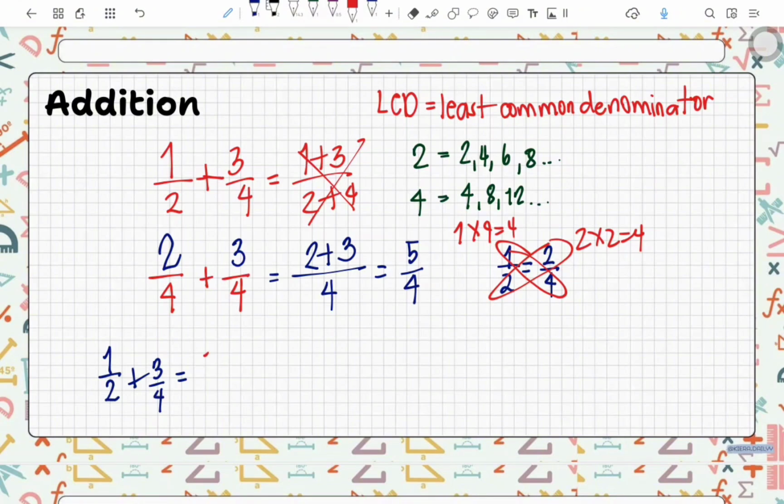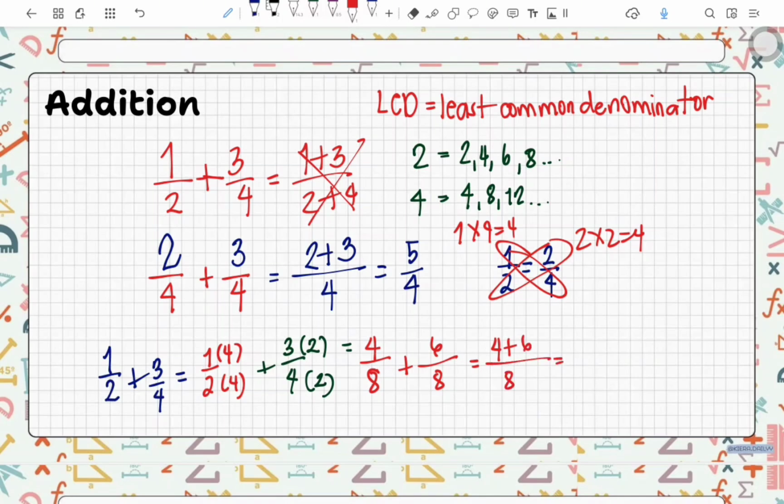So 1 over 2 multiplied by 4 both sides, plus 3 over 4 multiplied by 2 both sides, which will be 1 times 4 is 4, 2 times 4 is 8, plus 3 times 2 is 6, 4 times 2 is 8. So now this is 4 plus 6 over 8, which is equal to 10 over 8.